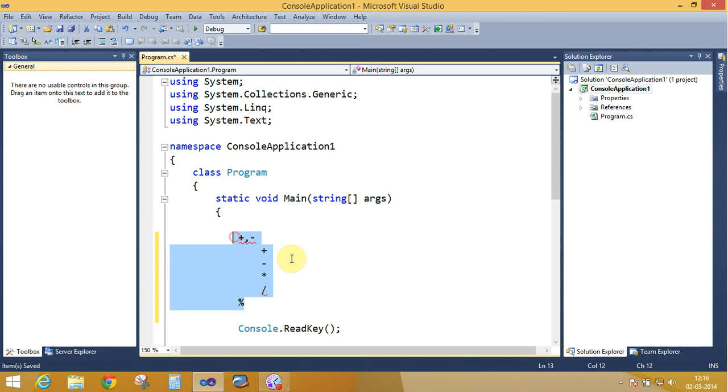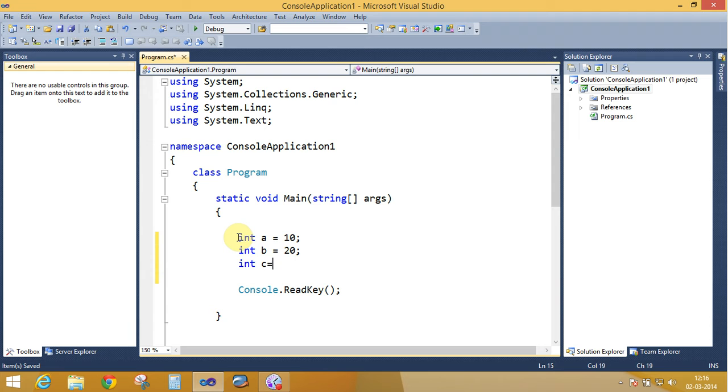This plus operator we use to add two numbers, and also to add two texts. Take an example: integer a equals 10, integer b also takes some value, integer c equals a plus b.